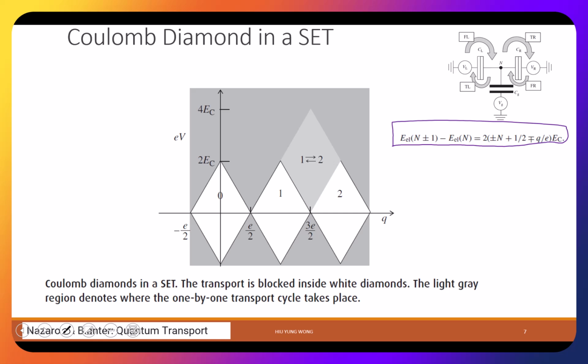Now, one very important thing to simplify the math and also for the experiment, usually people just make V_L equal to V over 2 and V_R equal to negative V over 2. Just make it symmetric. So eV is the total energy from left to right.